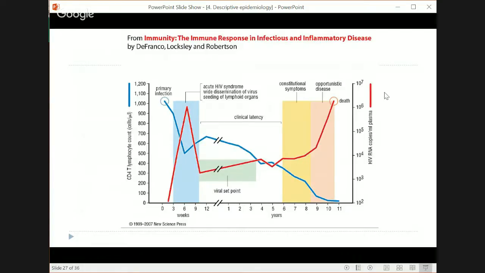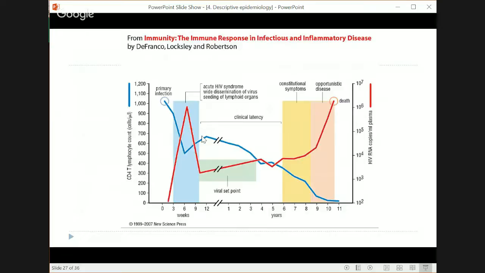Now the red line, this is viral load, and we see viral loads increasing during primary infection. Then it starts to decrease right at this point, your immune system's kicking in, right? So your CD4, and you can see that here, CD4 is the blue line. The CD4 line is decreasing, and then your immune system starts working.